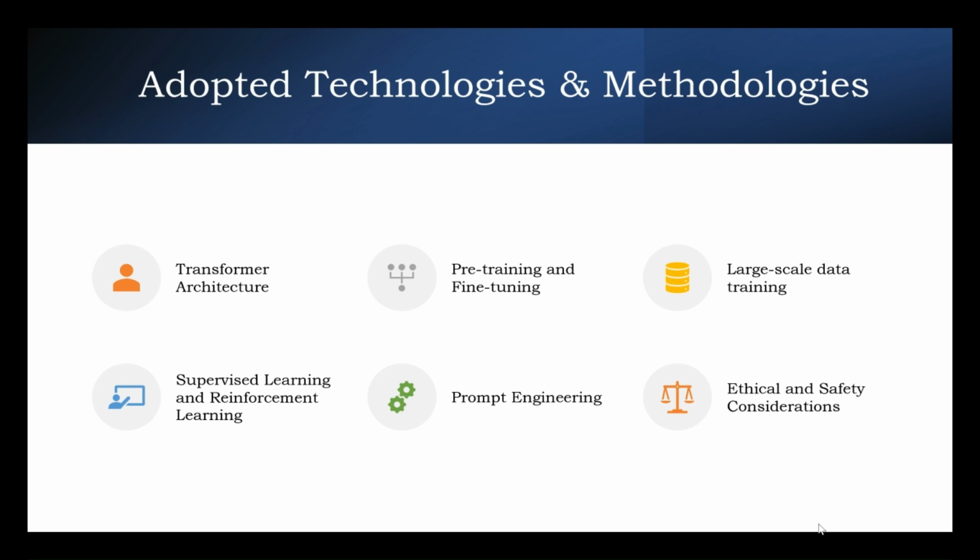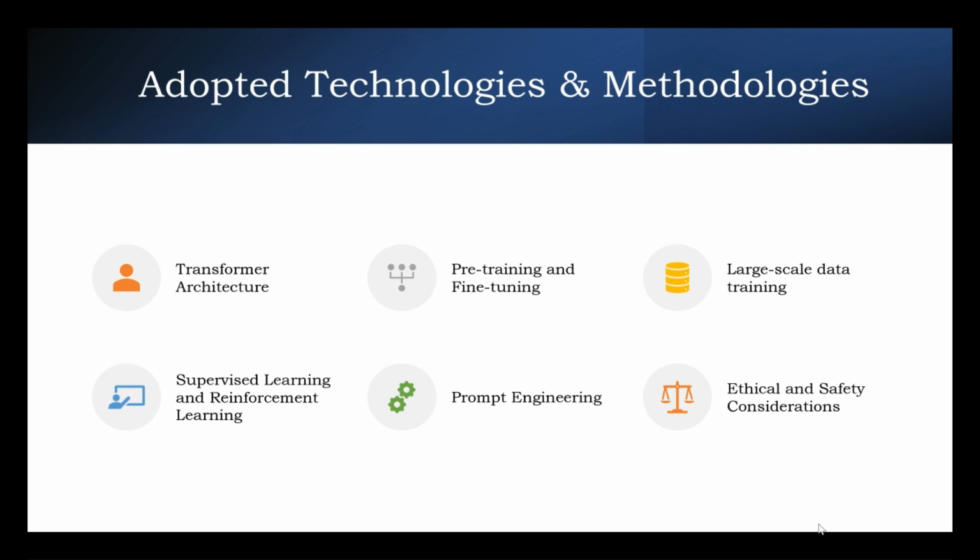Pre-training, we already told, is a two-step process: exposing a large corpus of publicly available text to learn general language understanding. Fine-tuning is then performed on a specific dataset with human-generated examples and feedback to adapt the model for more specific tasks and improve its performance.